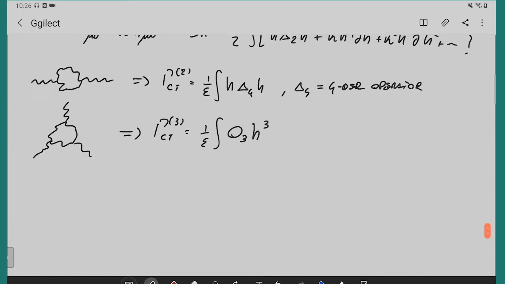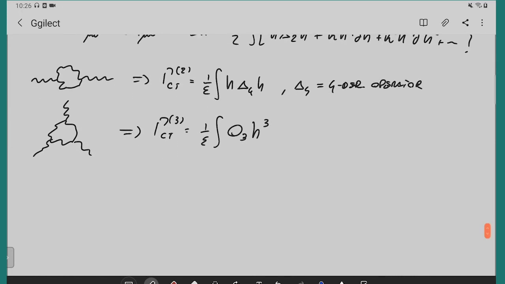But the point is that you can prove with some theorems that the counterterm has to be gauge invariant. So gamma CT has to be gauge invariant. And you can also prove that it has to be a function of G. So it has to be gauge invariant and a function of G.